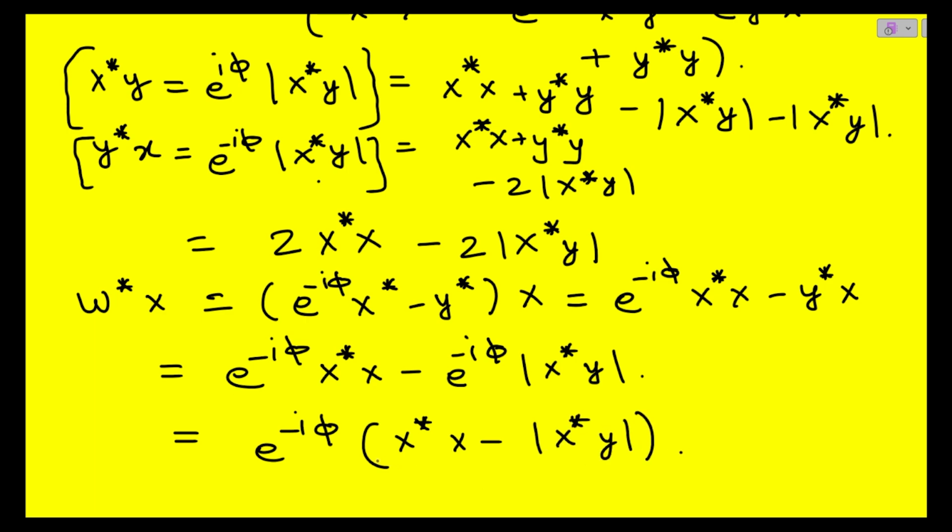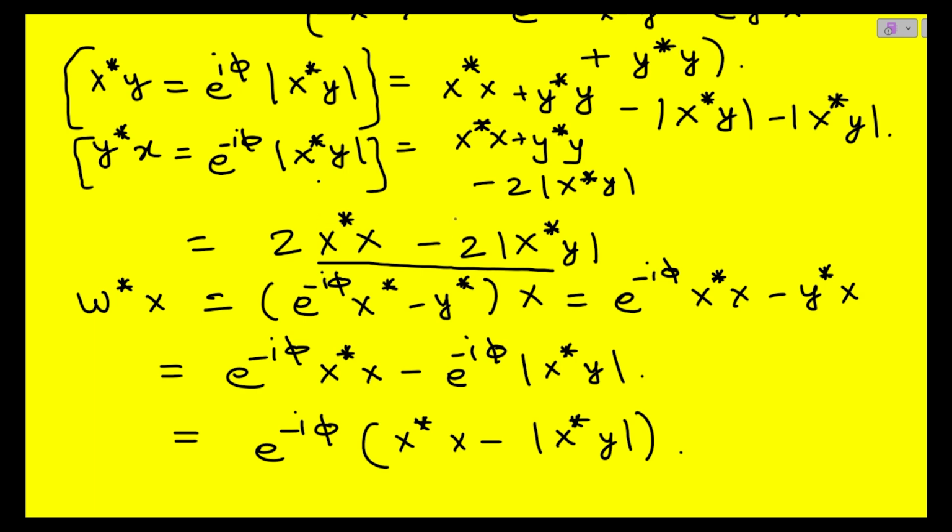And so what is this, right? Now this one, if we go back, it's here, so x star x, so 2x star x minus 2 times the absolute value of x star y, you just pull that 2 out, right?